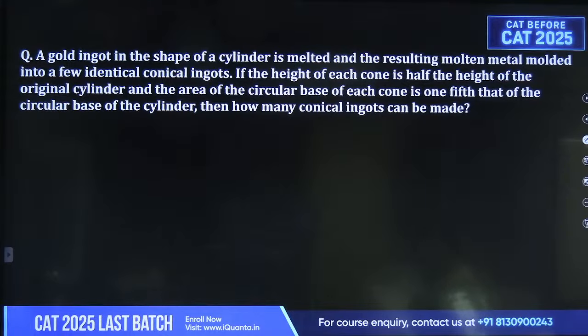One is 30, other is 150. Okay. That is interesting. Let's see. Let's check out.